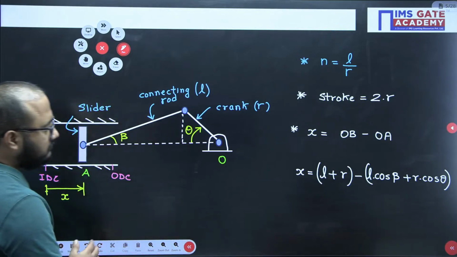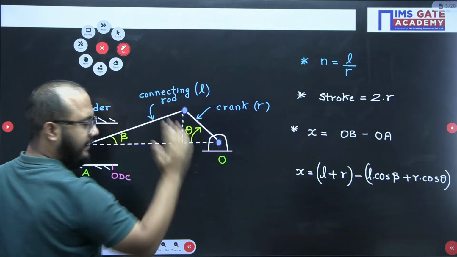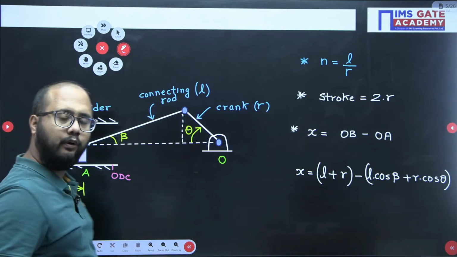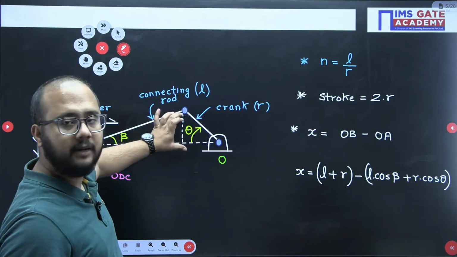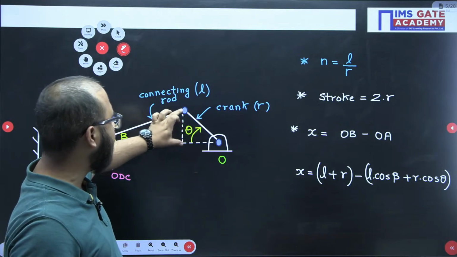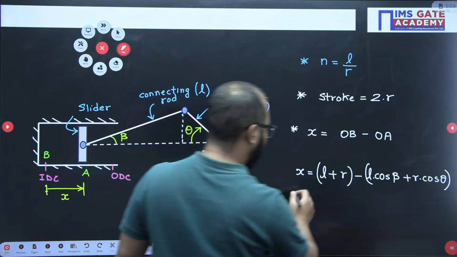See, if I take the vertical component of R, it will be R sin theta, and in a similar way L sin beta. Both the vertical components will remain equal. This vertical component of R and also L will be equal, so that is what we'll be using here.